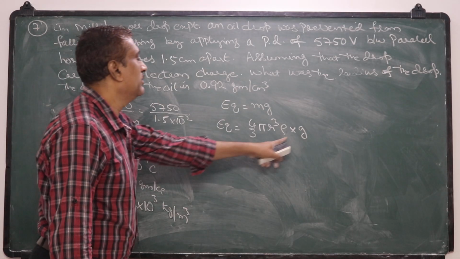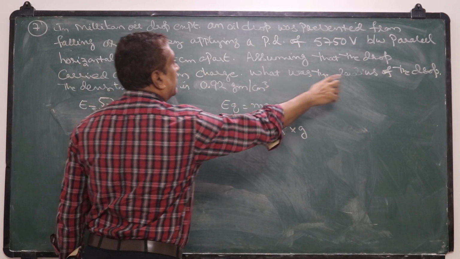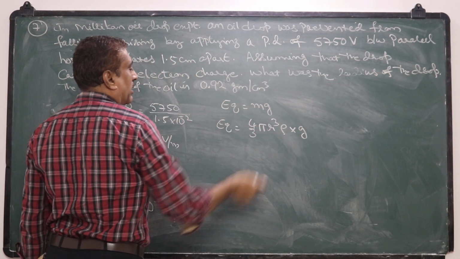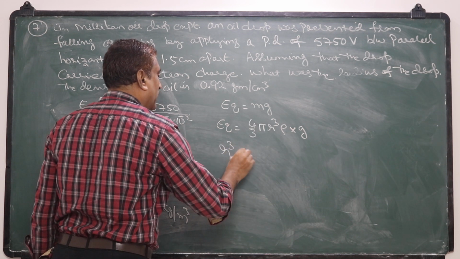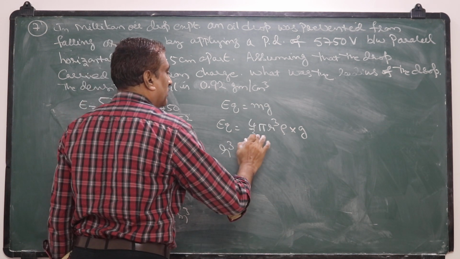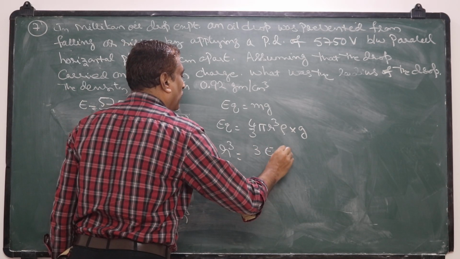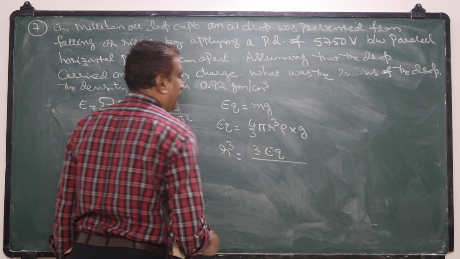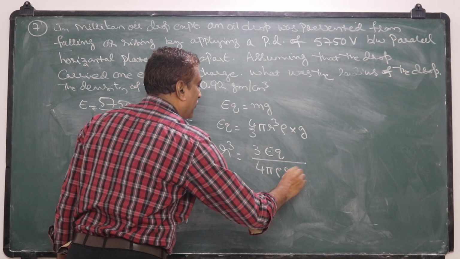From this you can simplify like this. We have to calculate the radius of the drop, that means we want the r value. So from this equation, r cube is equal to 3EQ by 4 pi rho g.